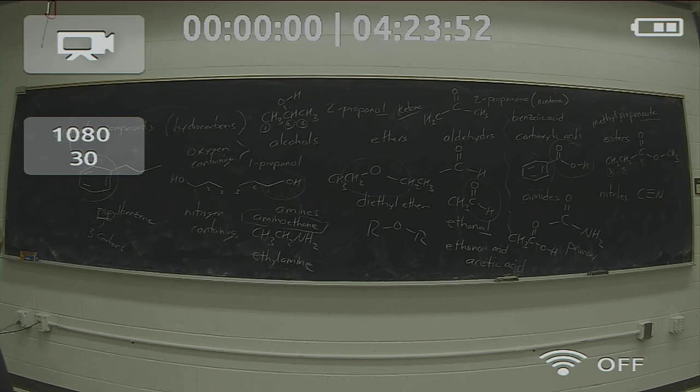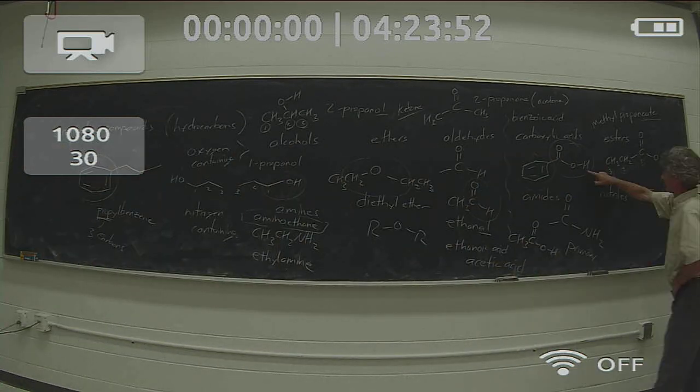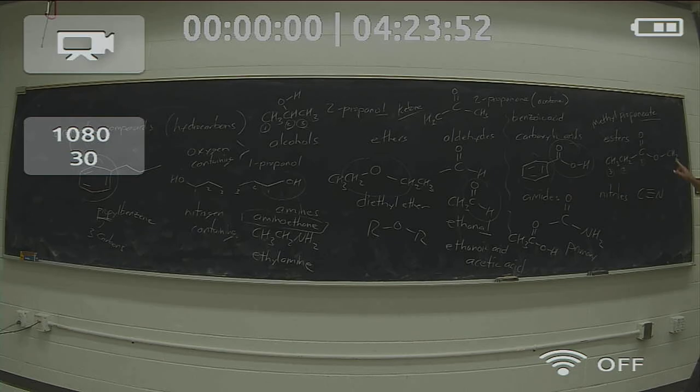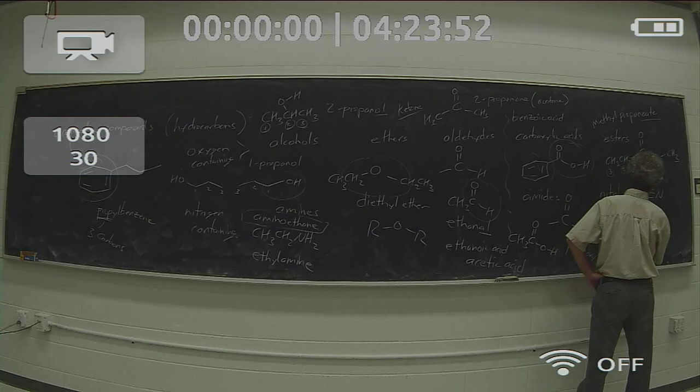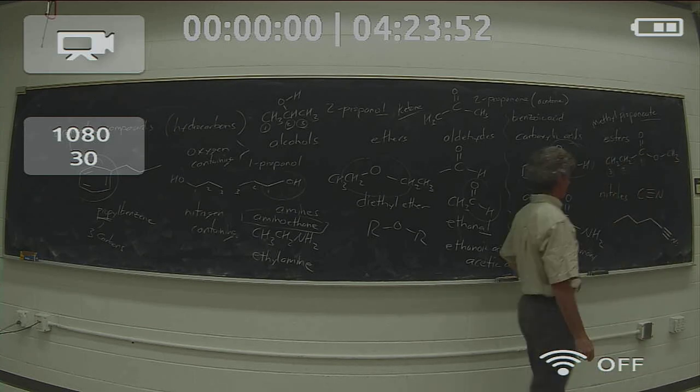And then you have carboxylic acids, which have a COOH group, esters, which replace this hydrogen with an R group, amides, which replace this OH group with an NHR group, or in this case an NH2 group. Nitriles have a CN group, so a compound would look like that.